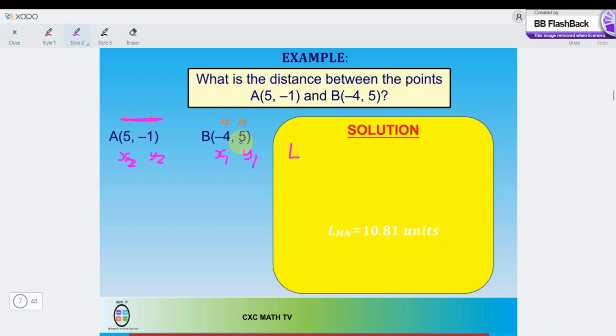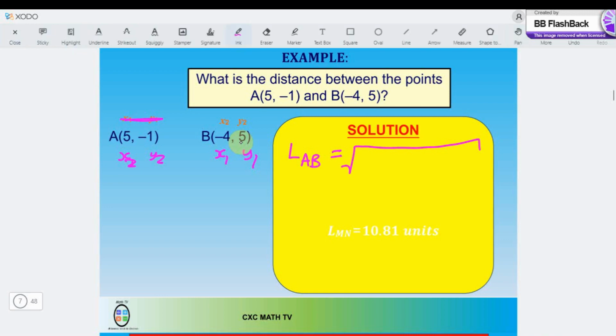So then the distance from A to B, or the length of the line A to B, is now the square root of x2, 5, minus x1, negative 4, squared, plus y2, negative 1, minus 5, squared. This works out to be 5 minus negative 4 is 9, so that's 9 squared, plus this is now negative 6 squared.